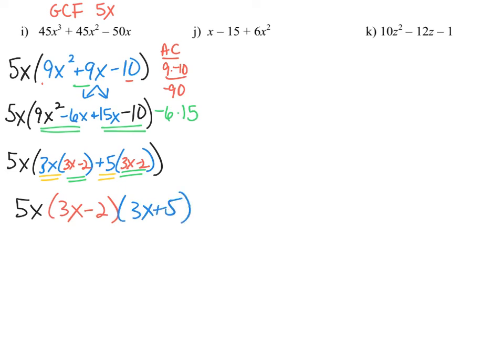And you can check this by using the FOIL method that this is the correct answer. Don't forget that 5x factor out in front that you'll end up multiplying by.